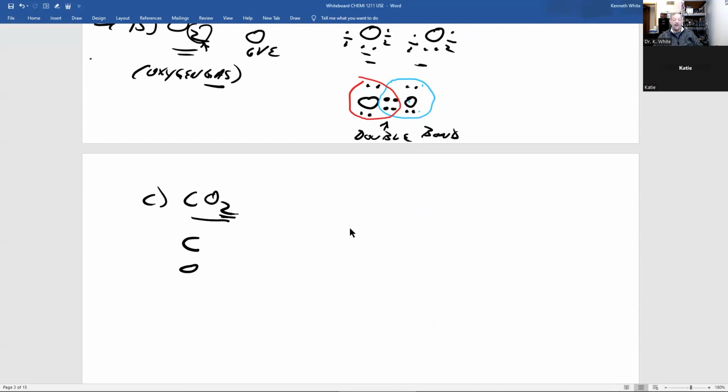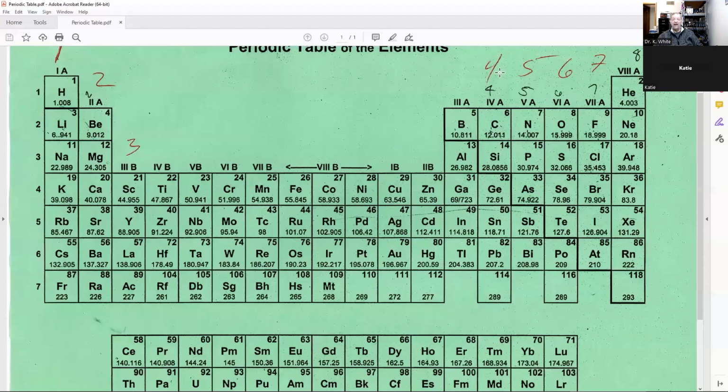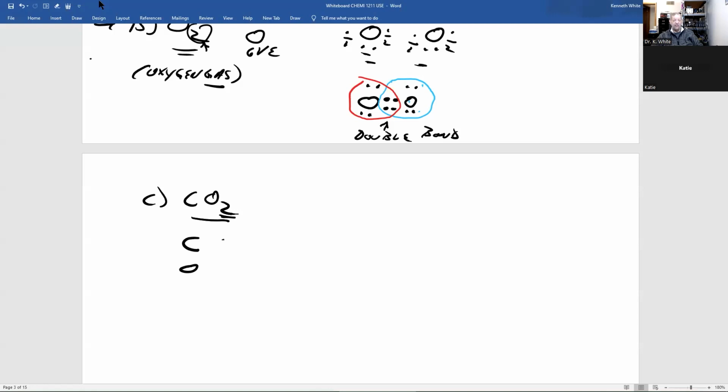If I look up on the periodic table, which I will do, carbon has 4 valence electrons, oxygen has 6. The only way to make this work is carbon has to be in the center, and on each side you have an oxygen. What I just did is draw the Lewis structures for each one.